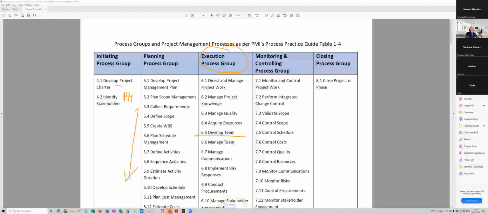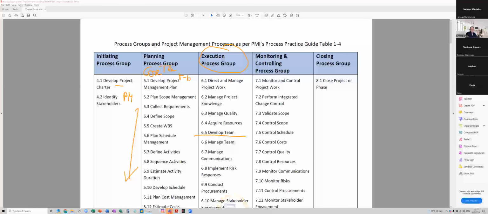Now, the answer will be no. There is some type of involvement with what I like to call the core team, which is maybe 5 to 10 people. But even in your resource management plan, you clarify, I need 500 resources. Now, until you are in acquiring resources, you will not get your 500 people. That's the way you need to look into this.